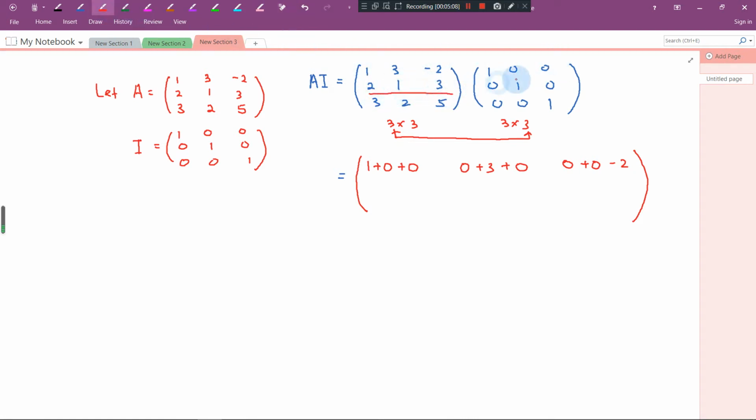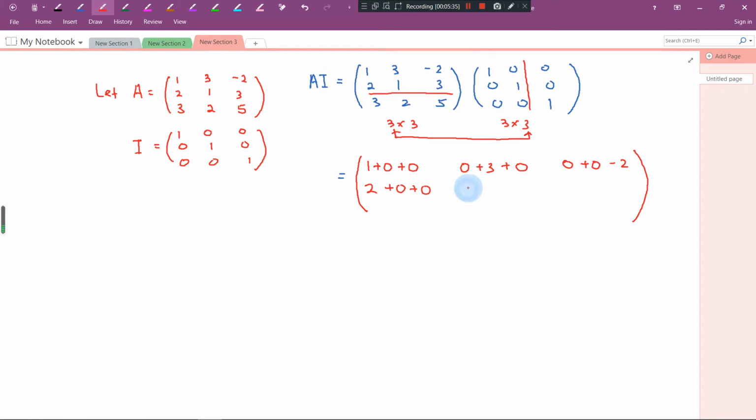Second row, first column. 2 times 1, you get 2. 1 times 0, 0. 3 times 0, you will get 0. Now let's go to the second row, second column, which is over here.